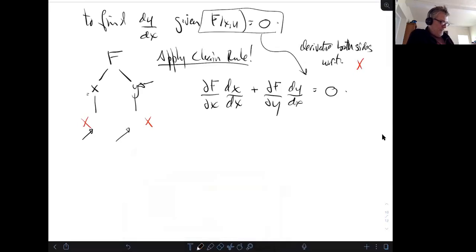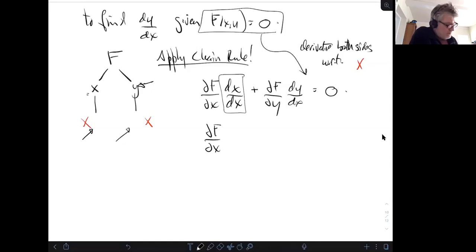I just applied the chain rule with this setup here. Now one last step. This is del f del x. What is that? It's just the function x with respect to x.